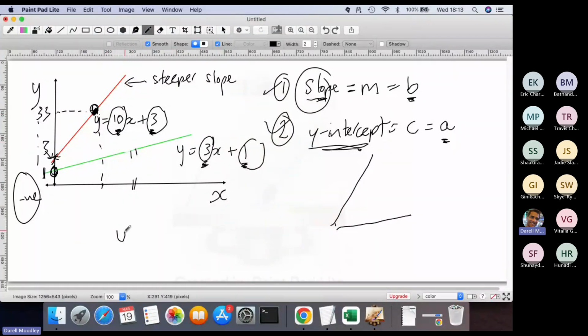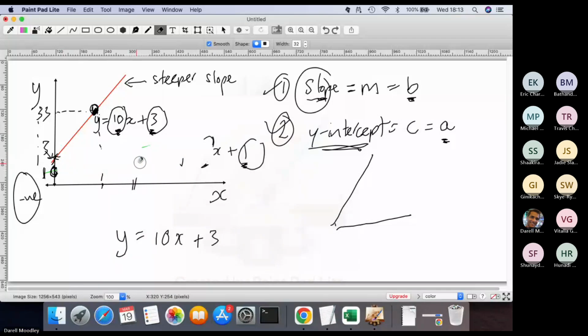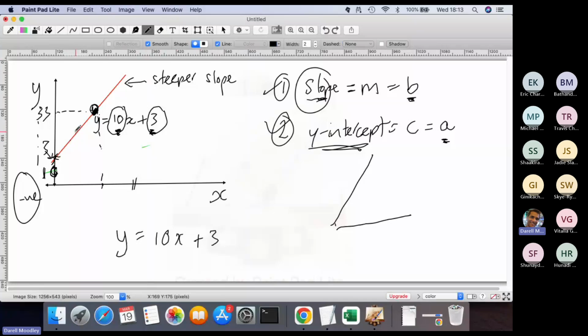Now, once you have a line, the useful thing about it, so let's just look at the red line, 10x plus 3. I'm going to erase the green line just so it's not too cluttered. If you wanted to know any point on this line, you just need to specify what x value you want to know the value at.